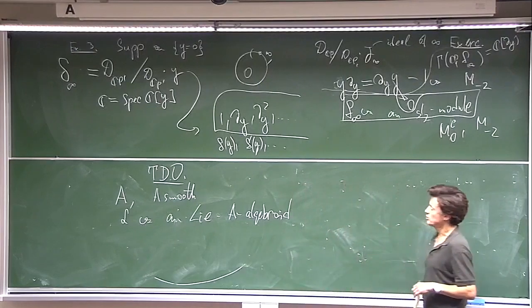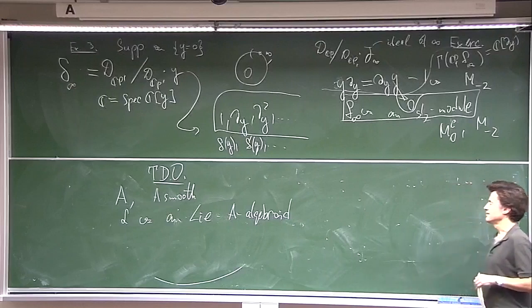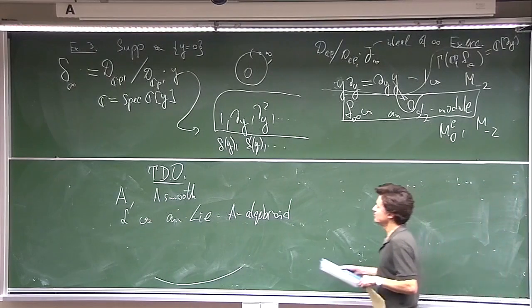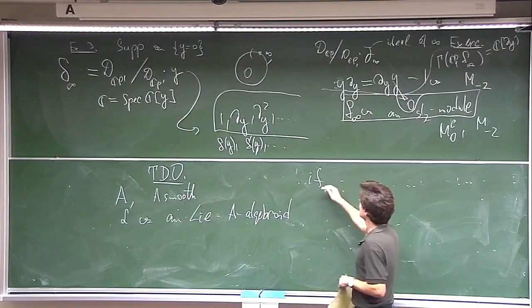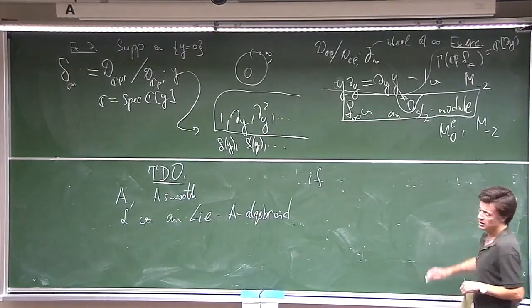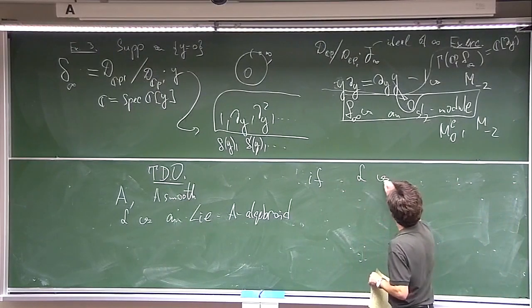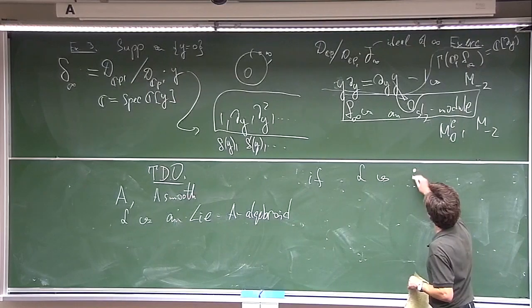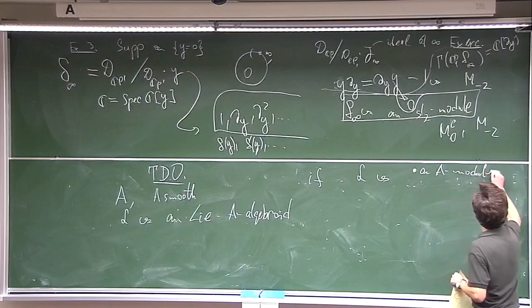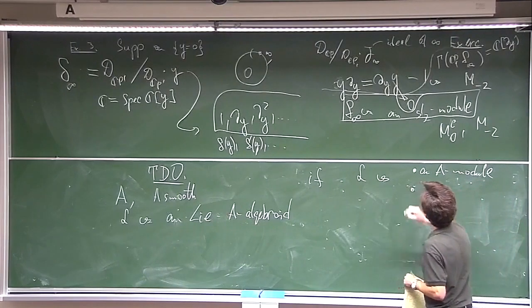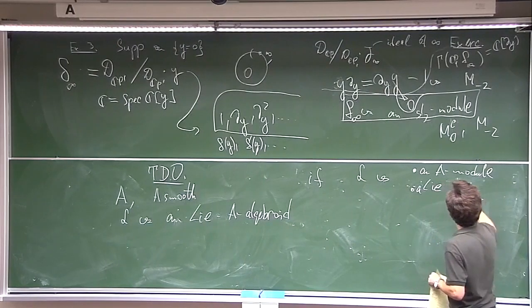The vertex algebra there will be the chiral algebroid. Yeah. So L comprises the following data. L is an A module.